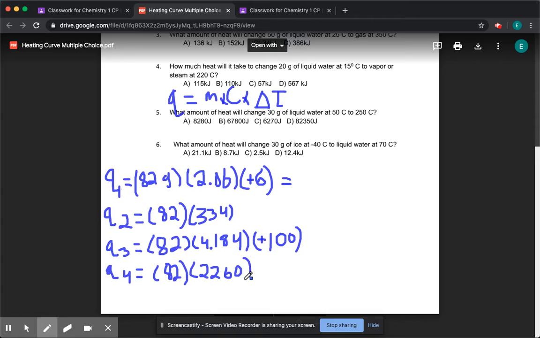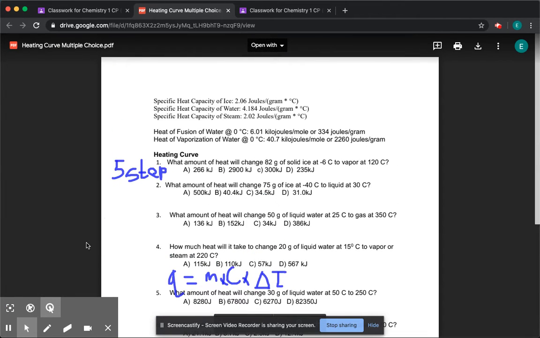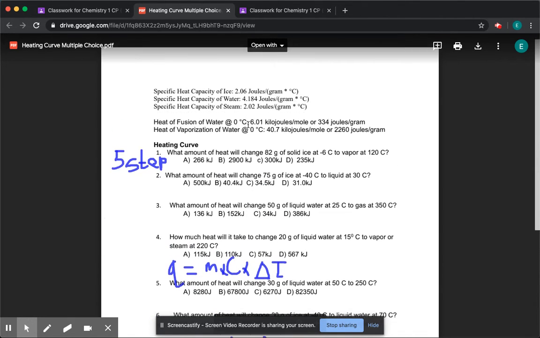And now the very last step is now we have to heat up the steam. We want to bring the steam to 120. So then again, it's 82 grams. Now we need the heat capacity of the steam, which is 2.02.